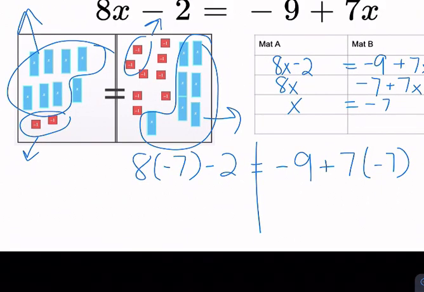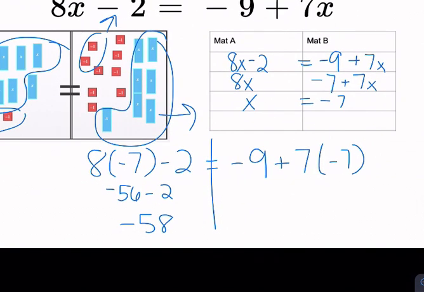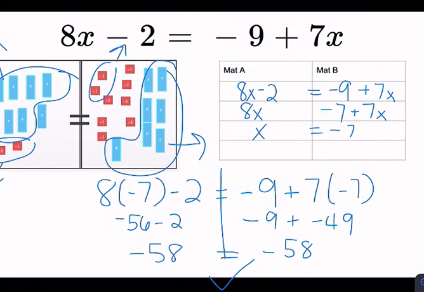So 8 times negative 7 is negative 56, minus 2 would be negative 58. This one, I have negative 9 plus negative 49, and that would also be a negative 58. So they are equal. I was correct. X equals negative 7. So it's always important to check your answer to make sure it makes sense.